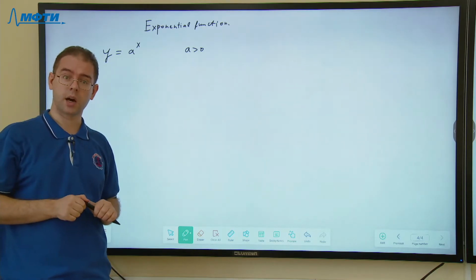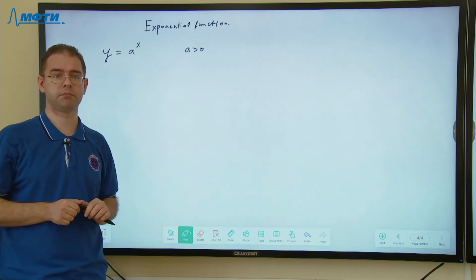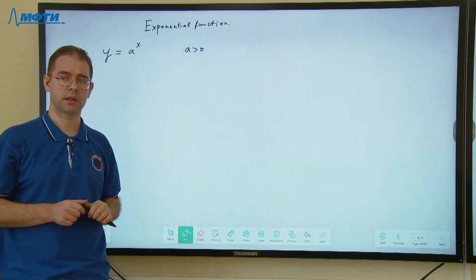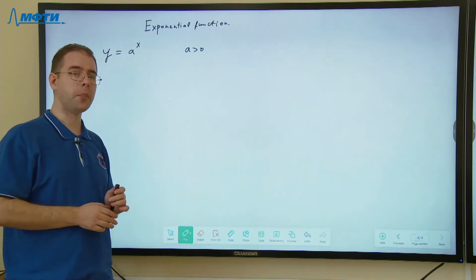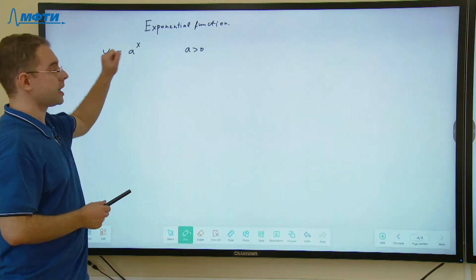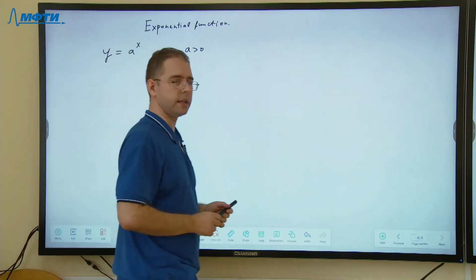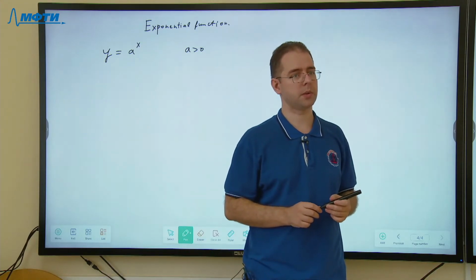Yes, we can easily raise any number to power -1 or -2. No problem here. It's just 1 divided by this number squared, for example. But there is a problem about raising to any non-integer power. What's the problem?